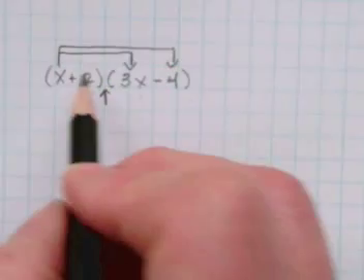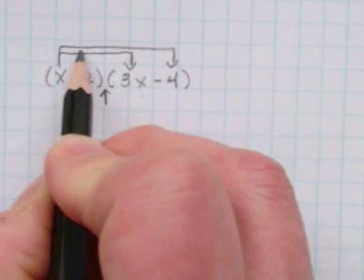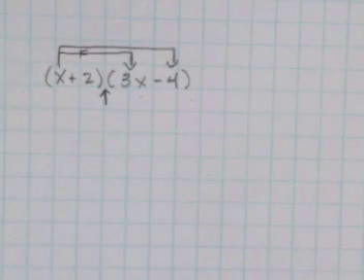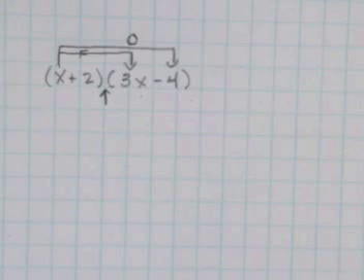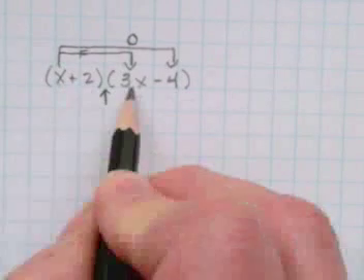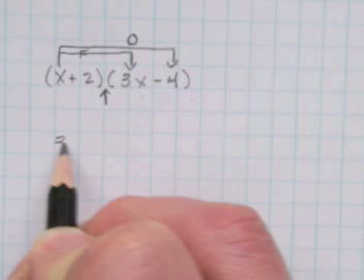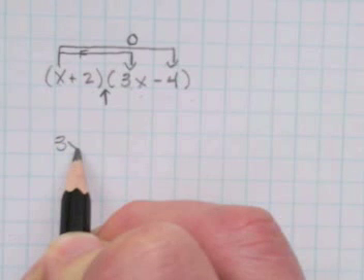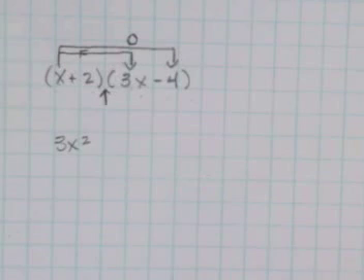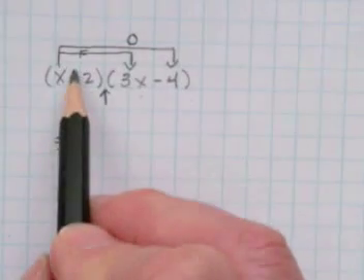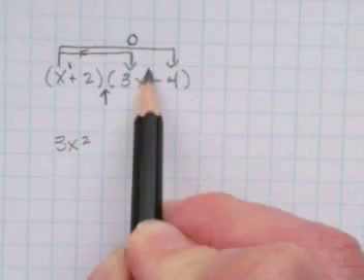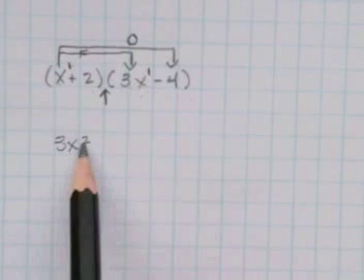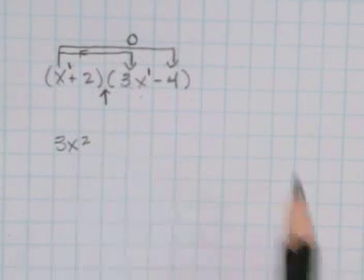A lot of students call this FOIL because I'm multiplying the first two terms right there, and I'm multiplying the outer terms right there. So x times 3x gives me 3x squared. Remember, when we multiply variables, we add their exponents. So this is x to the first, and that's x to the first, and so I'm going to add those exponents.